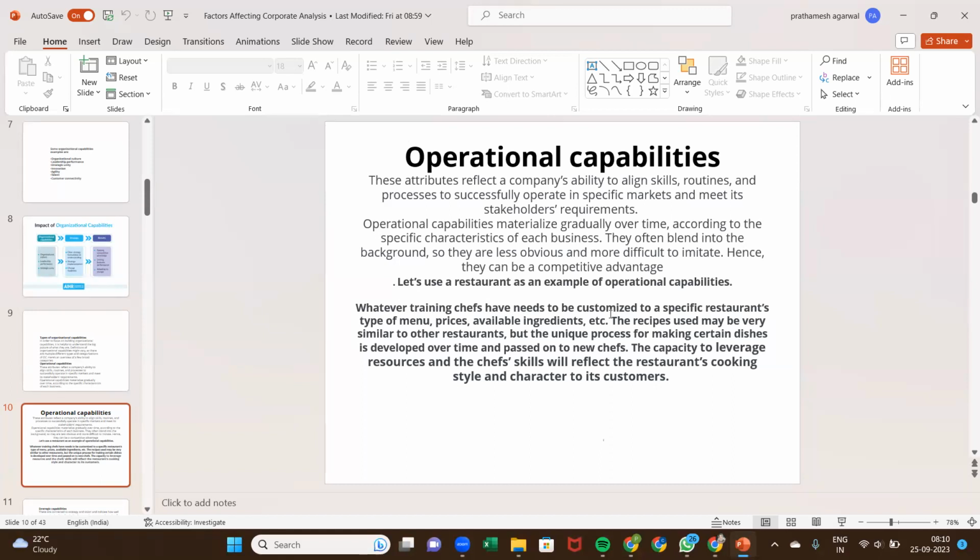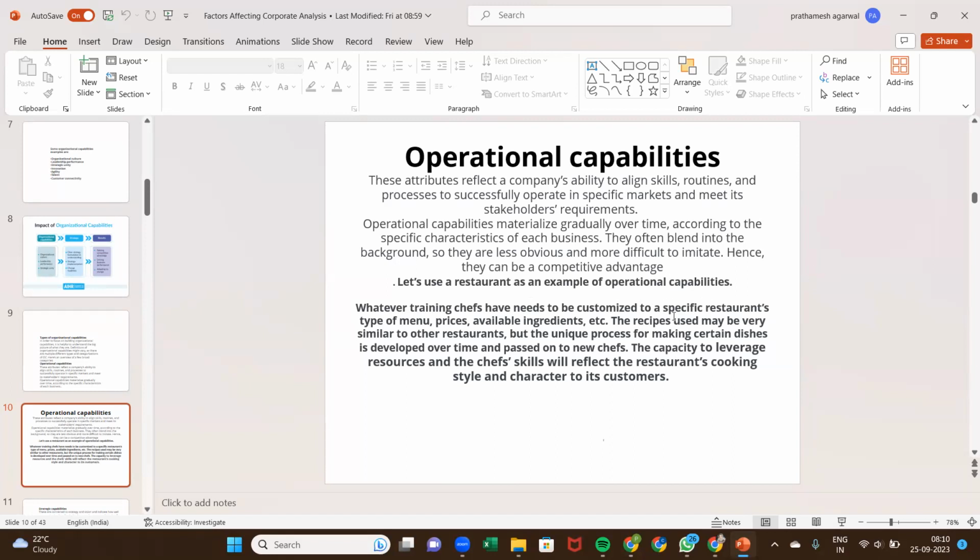When we are giving the final product to the customer, he does not know what skill set that worker might have, right? In fact, I should say, all these organizational capabilities are behind the curtain. What they are presenting to the customer is the final product of each business. They are less obvious and more difficult to imitate. Hence, they can be a competitive advantage.